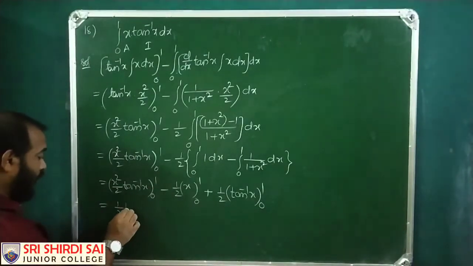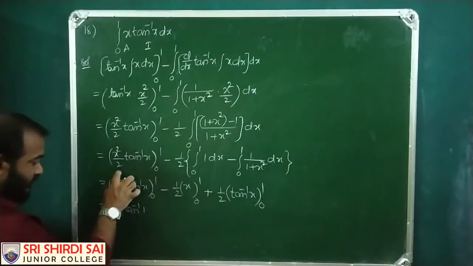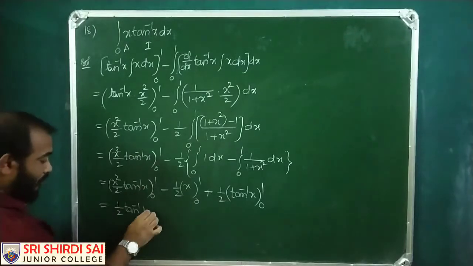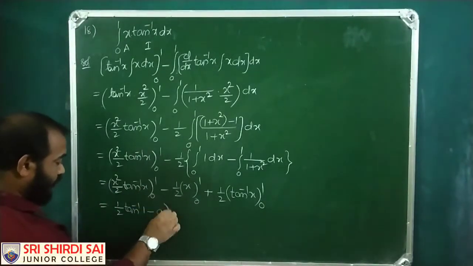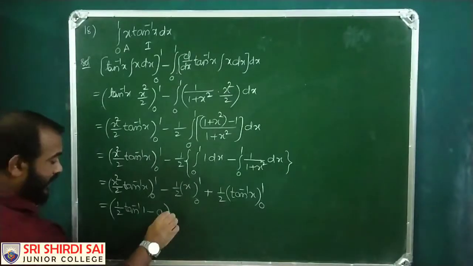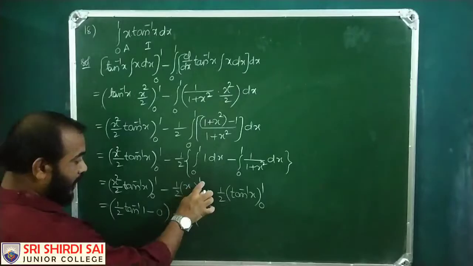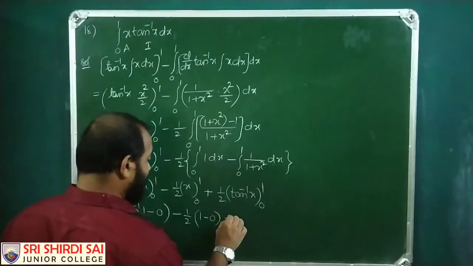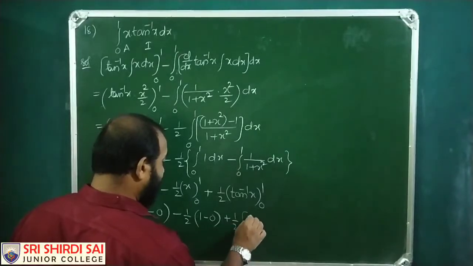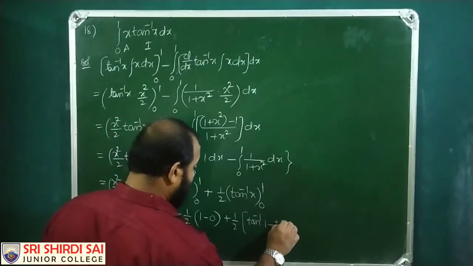So 1 by 2 tan inverse 1 square by 2, 1 by 2 tan inverse 1 minus lower limit 0 square by 2 into tan inverse 0, so 0 totally, minus 1 by 2 in the place of x, upper limit 1 minus lower limit 0, plus 1 by 2 tan inverse x value is 1 minus tan inverse x value is 0.